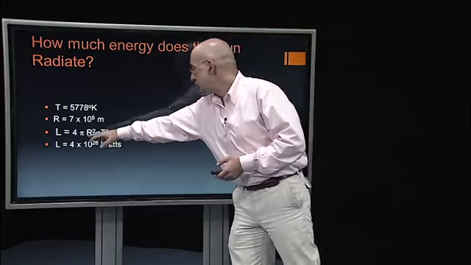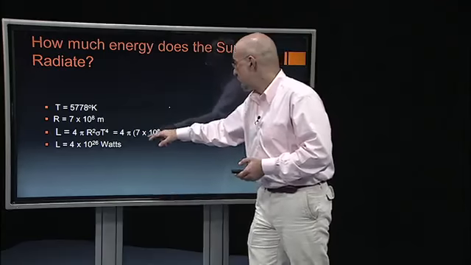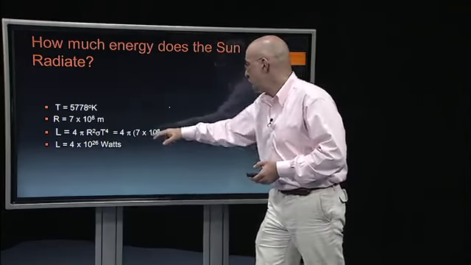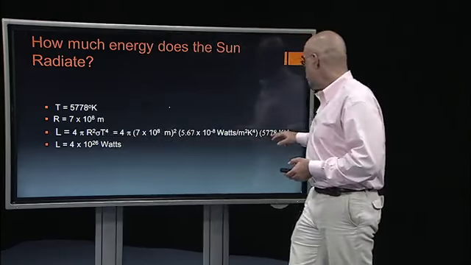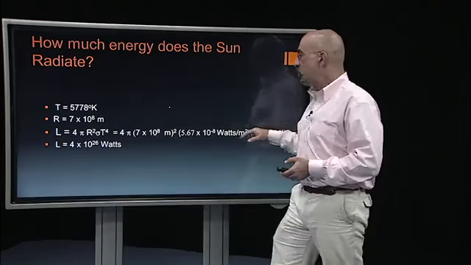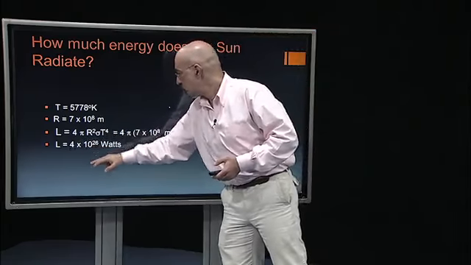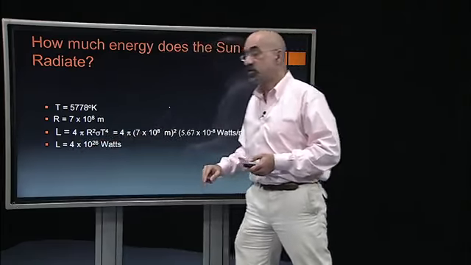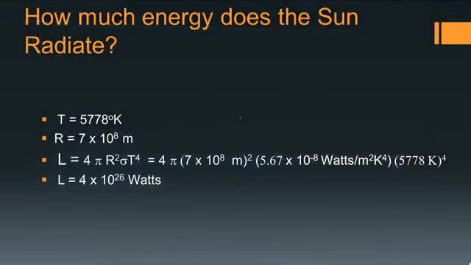I can plug this into this equation, sticking in the radius squared, the constant, and the temperature of the Sun. Plugging in these numbers, you'll find that the Sun's luminosity is about 4 times 10 to the 26 watts. Thus, we can relate the Sun's temperature and radius to the amount of energy that comes out.